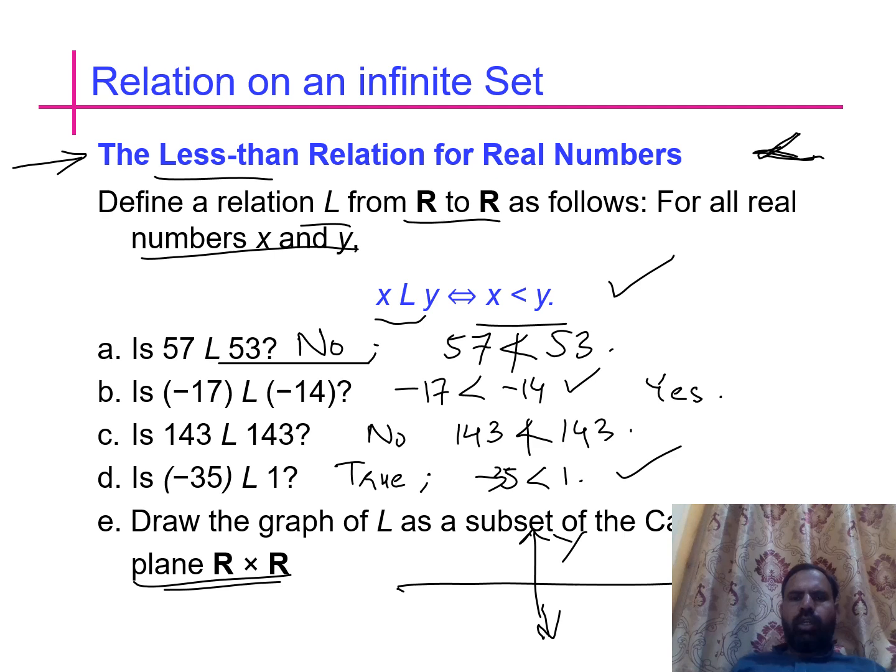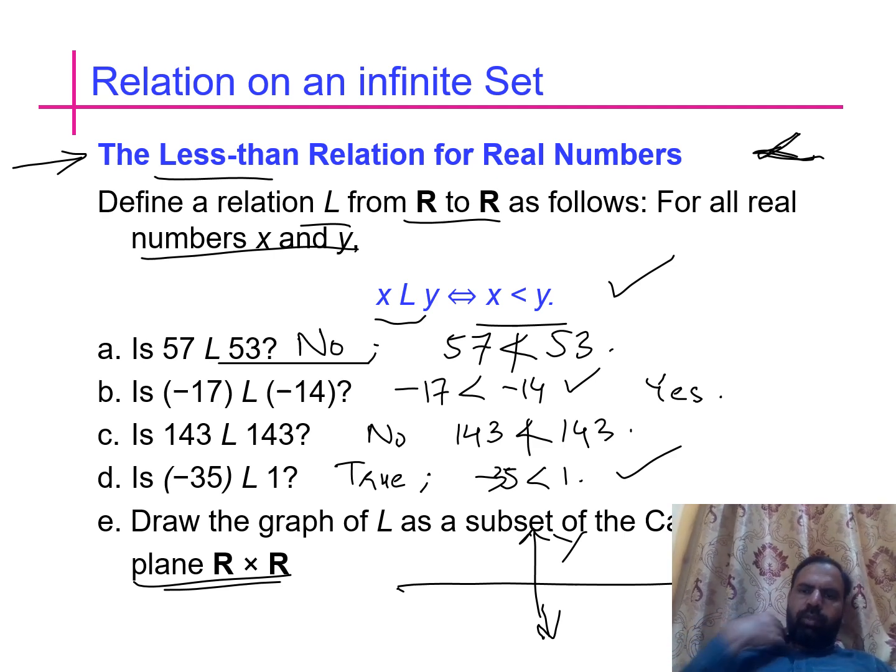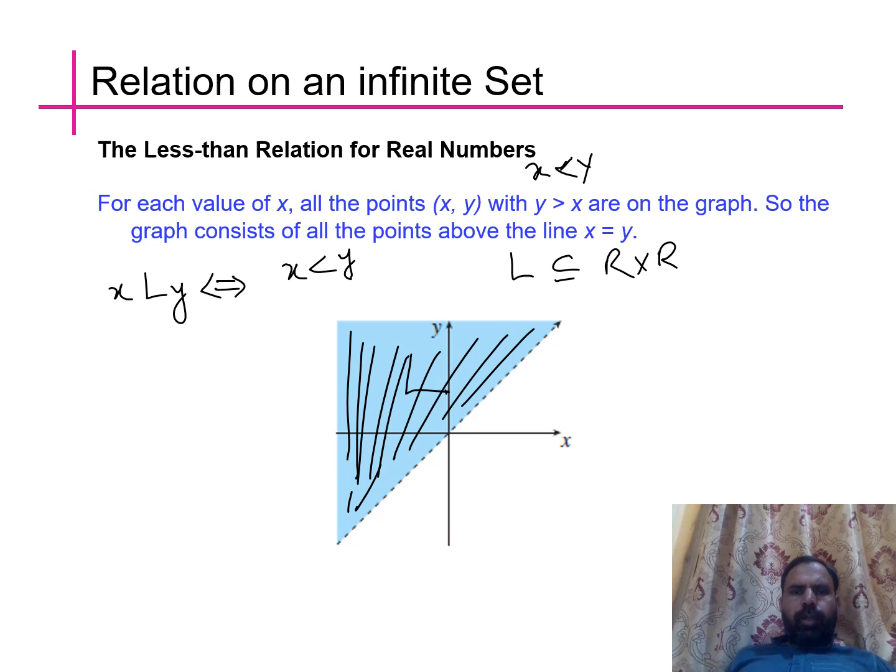Is 57 related to 53? No, because 57 is not less than 53. And this is true because minus 17 is less than minus 14. If we describe this in a graphical view, the less than relation for real numbers may be shown as in this figure.